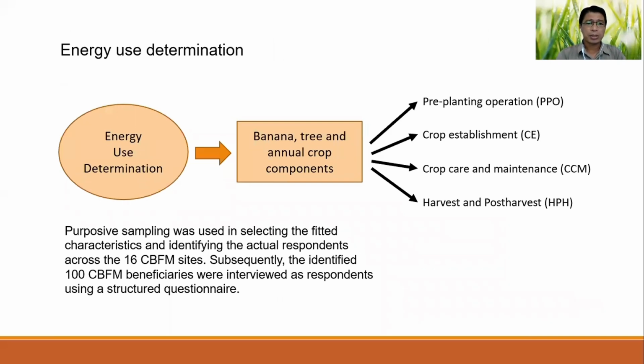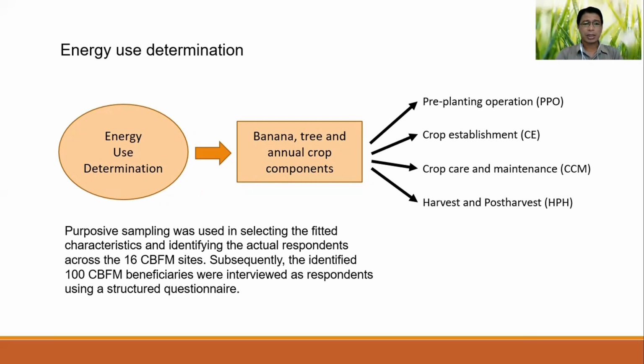In terms of energy use determination, for the banana, tree, and annual crop components, their energy usage was determined and calculated from pre-planting operation, crop establishment, crop care and maintenance, harvest and post-harvest operations.